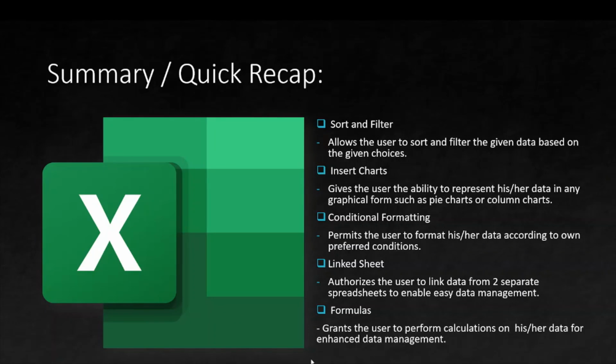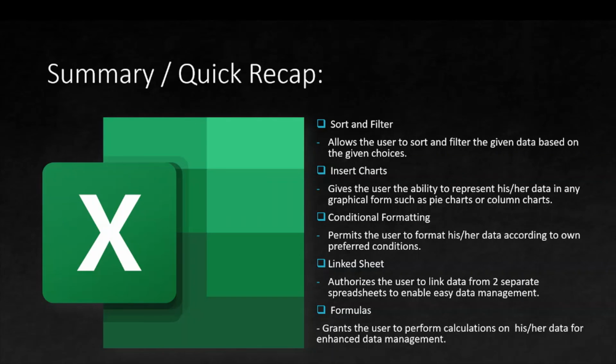For conditional formatting, it permits the user to format his or her data according to own preferred conditions. In here, we can use those flags, shapes, less than, highlight rules, highlight cell rules, and icon sets. Those things we have discussed before.